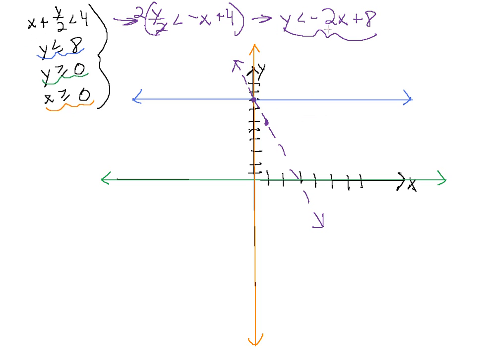Now for the purple, we're looking for less than, so we want all the values less than this purple line. So our solution region is going to be this little triangle right here. This section is going to include all the possible solutions for our system of linear inequalities that are given.